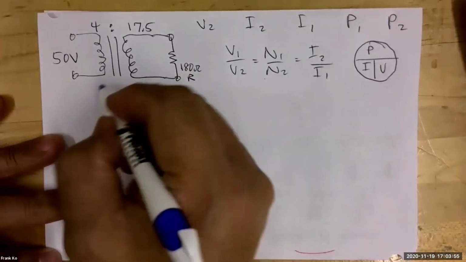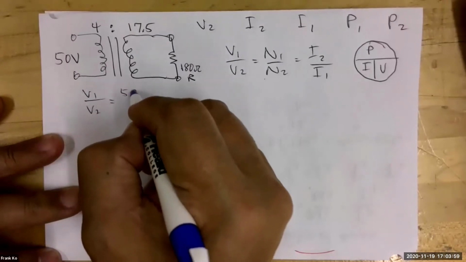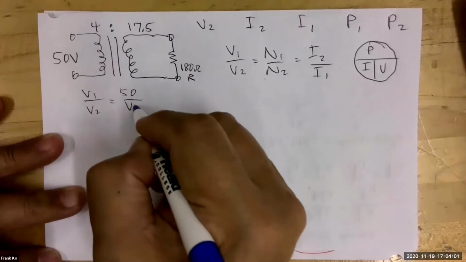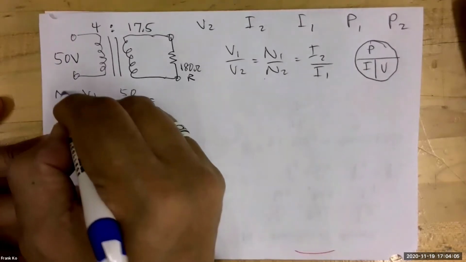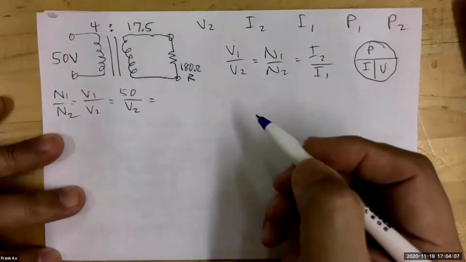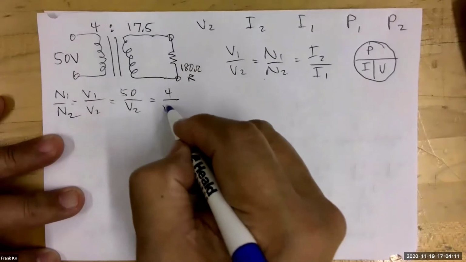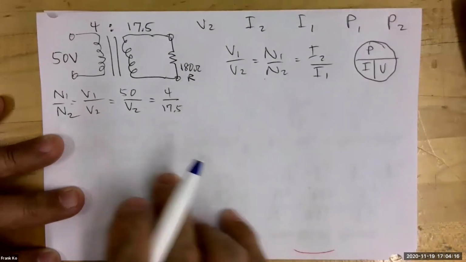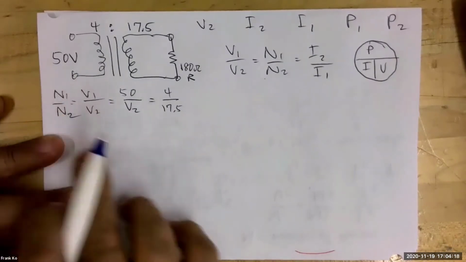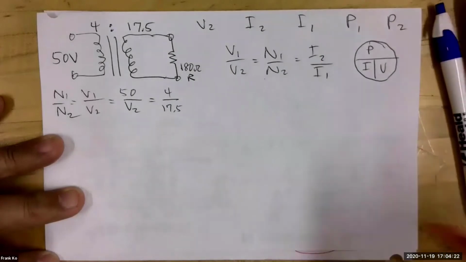How do I set that up? V1 over V2 equals 50 over V2 equals my turns ratio of N1 over N2. And my N1 in this case is a 4 on the top, and my N2 is 17.5 on the bottom, yes? So my V1 over V2 equals N1 over N2. Fill in the numbers, which I have. What do we do now?